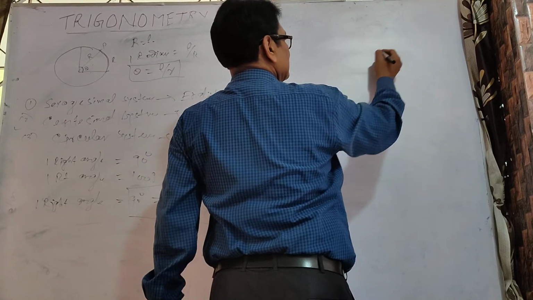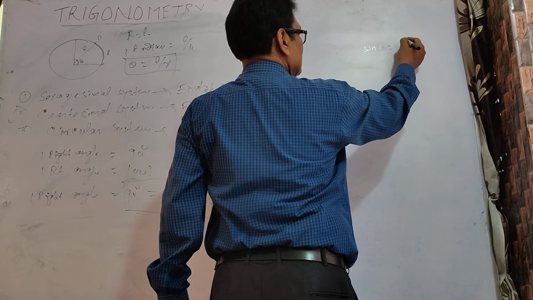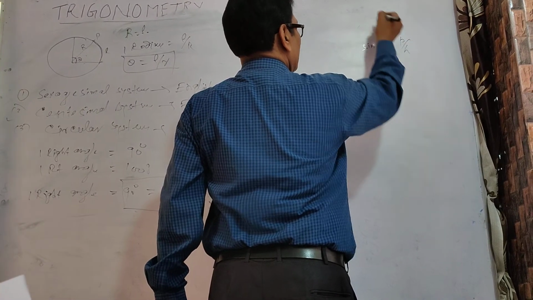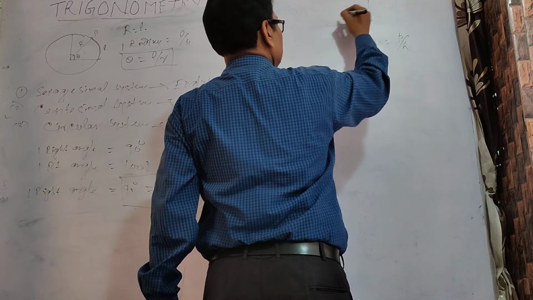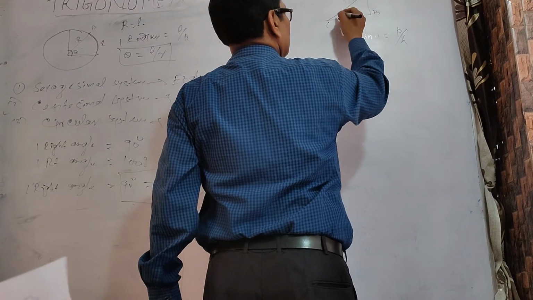Now here, we have discussed earlier sin theta is P by H for any right angle triangle ABC.